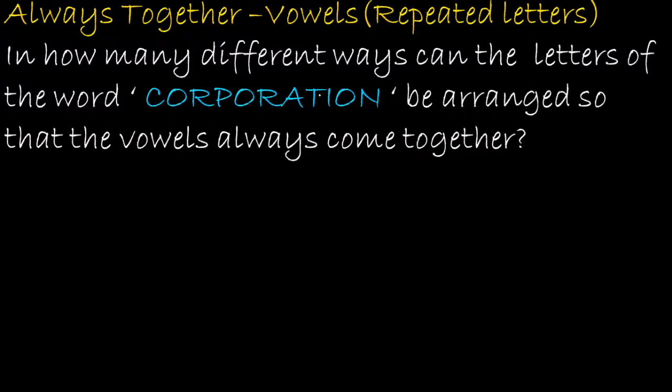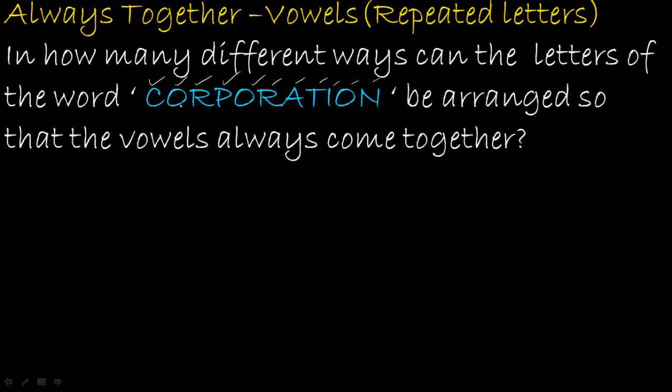So in how many different ways can the letters of the word corporation be arranged so that the vowels always come together? Look at the word corporation. It consists of 1, 2, 3, 4, 5, 6, 7, 8, 9, 10, 11. So totally it has 11 letters.